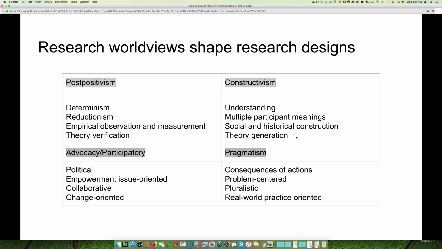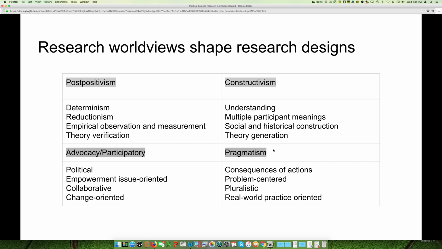And so you might be able to generate a theory about policy failure that relied on your study's examination of what policy meanings exist for different types of people.